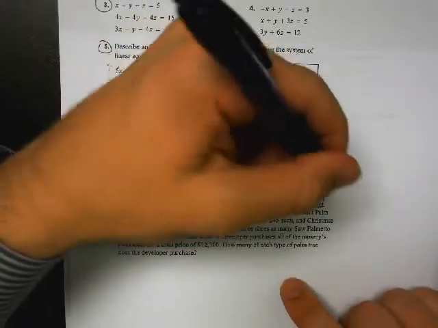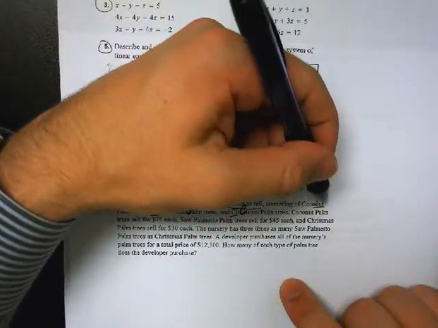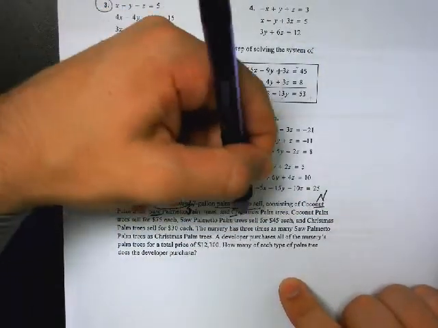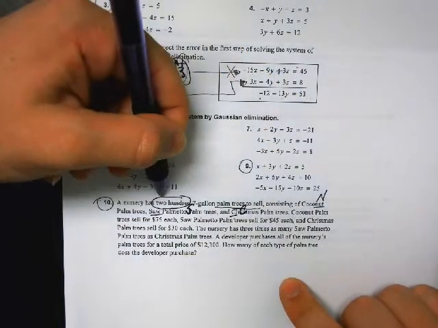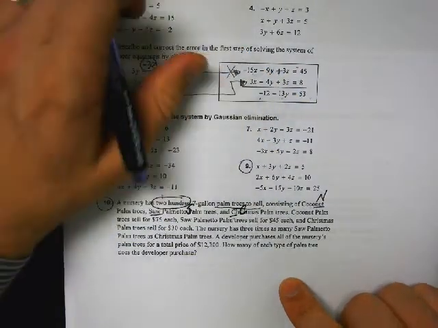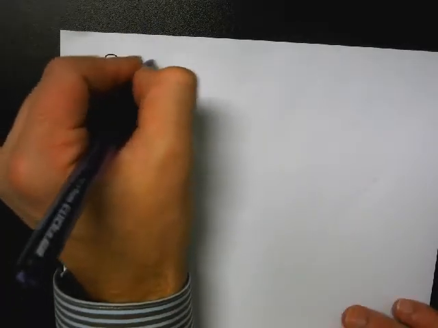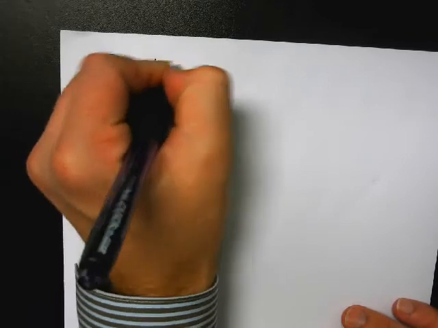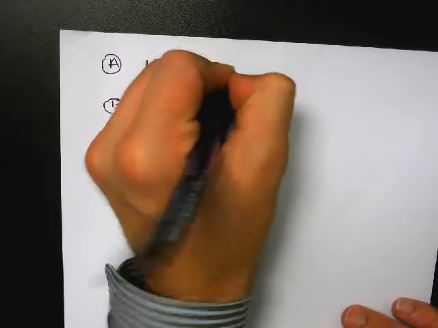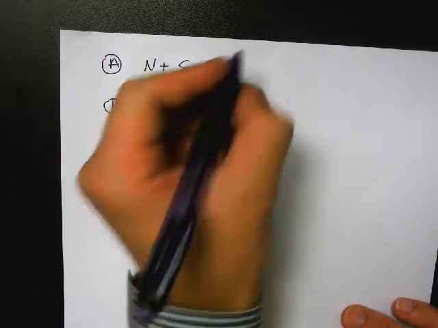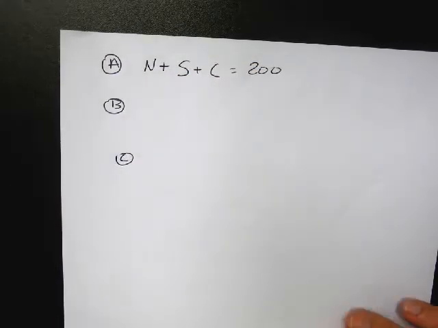We know that they've got, between the coconut, the saw, and the Christmas, 200 of them. So that's your first equation. You're going to say the coconut, the saw palmetto, and the Christmas tree, all of them together, there are 200 of them.